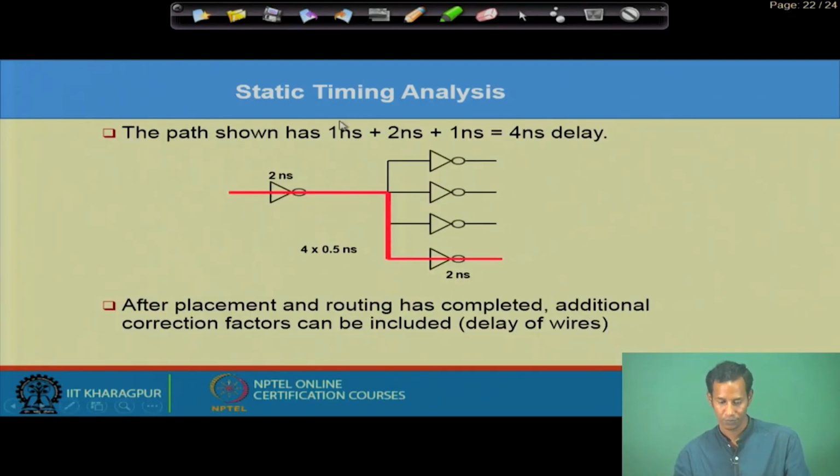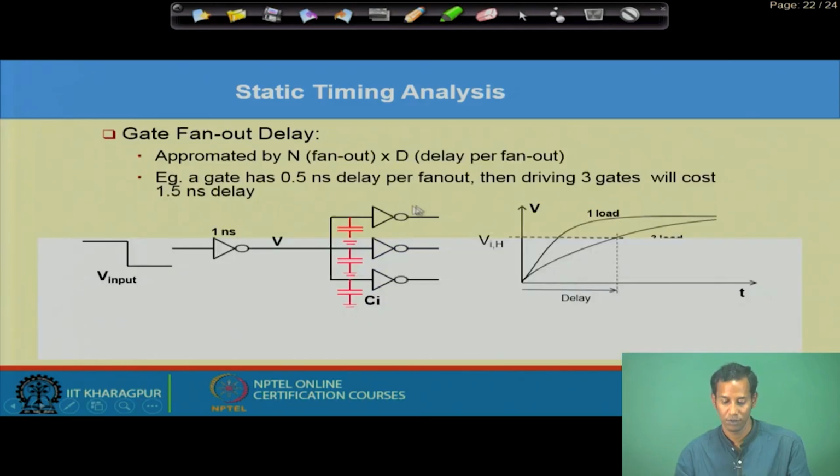In total, if we calculate the total path delay of a circuit, the intrinsic delay of this gate is 1 nanosecond. If the fan out delay is, let us say, 0.5 nanoseconds per fan out, then for 4 it will be 2 nanoseconds of delay.